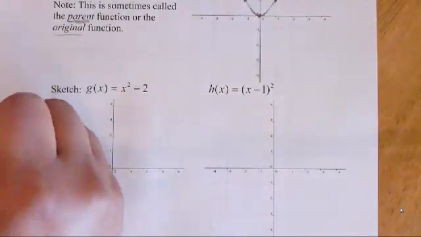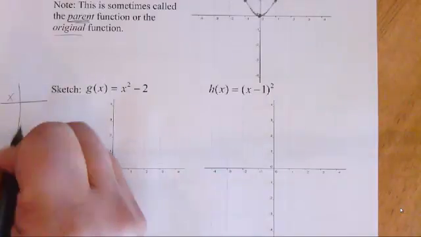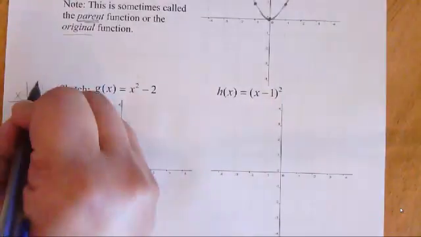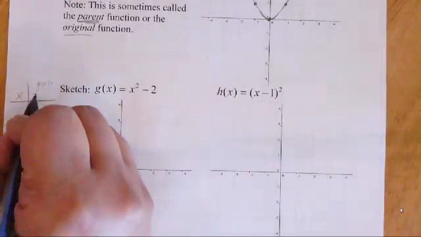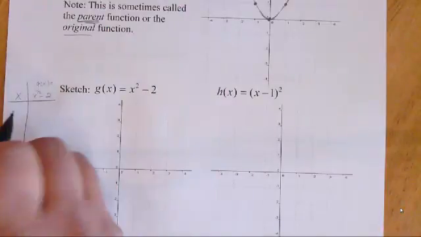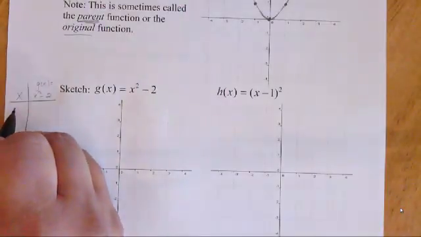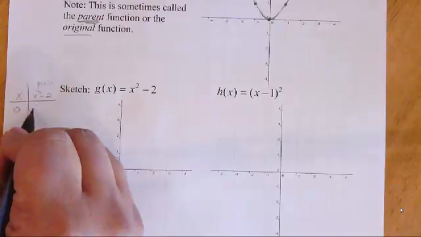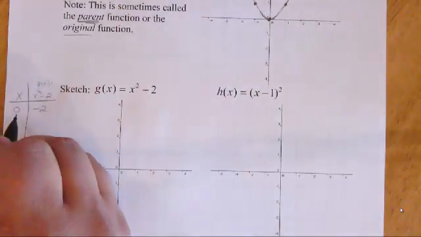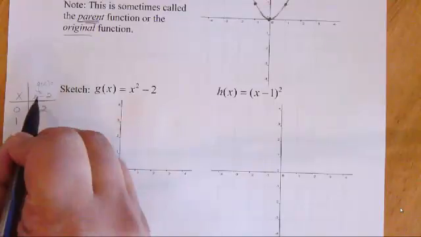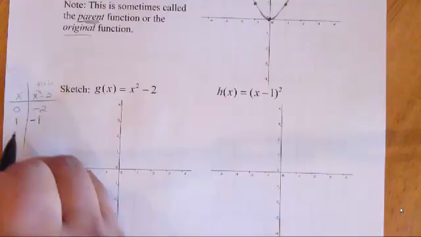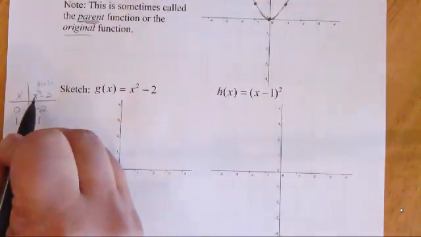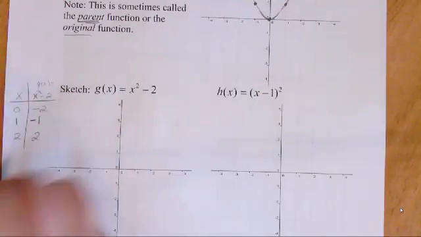So if I set up a quick table of values, I've got my x value, and then my g of x, which is x squared minus 2. I plug in x equals 0, I will get y equals negative 2. If I plug in x equals 1, I will get y equals negative 1. If I plug in x equals 2, I will get 4 minus 2, which gives me 2.